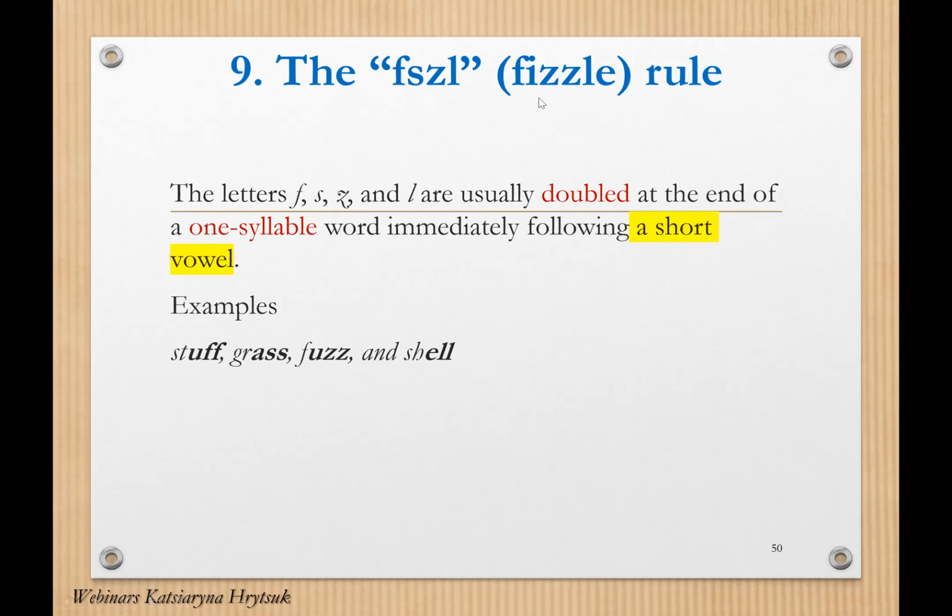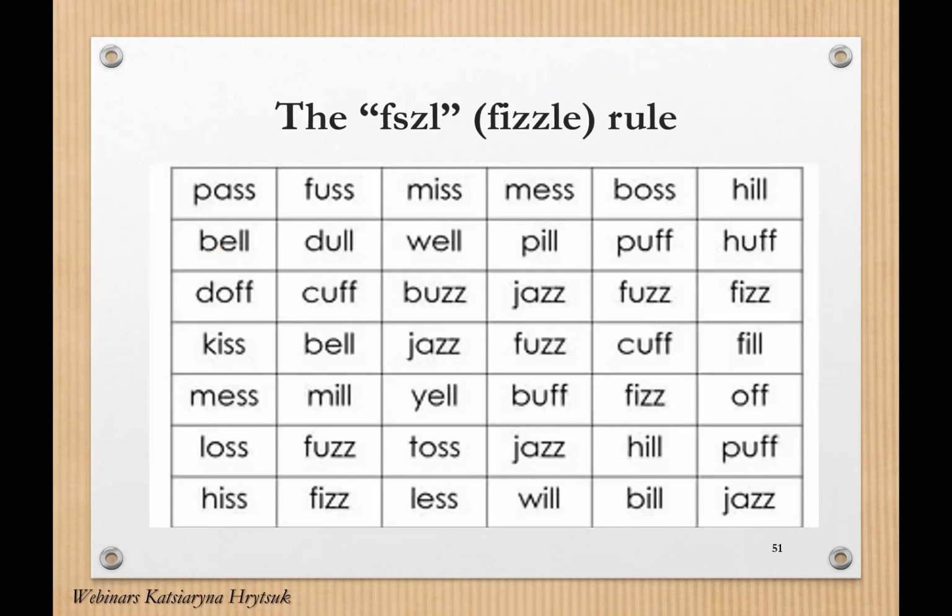So it's called fizzle. Fizzle rule. Easy to remember. Double consonant. Stuff, grass, fuzz, shell. There are some exceptions. Quiz and bus. These are not doubled. These are fizzle rule. We can practice here.